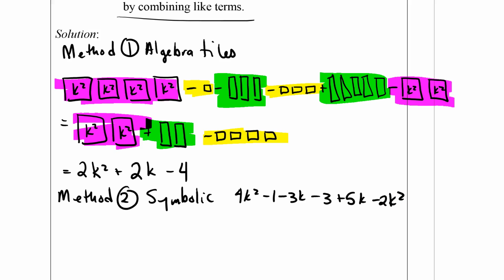And I'm going to use the exact same colors and just color in what our like terms are. We have a 4k squared and a negative 2k squared. Those are like terms because they both have k's and they're both raised to the power of 2. So when I put my next line here, I would say 4k squared minus 2k squared.